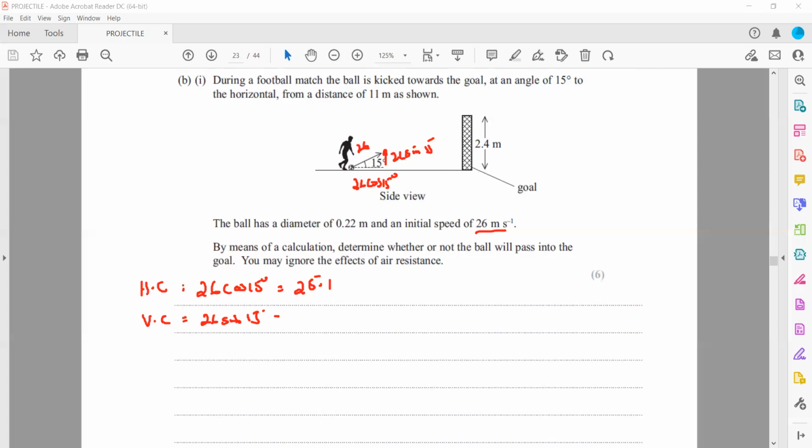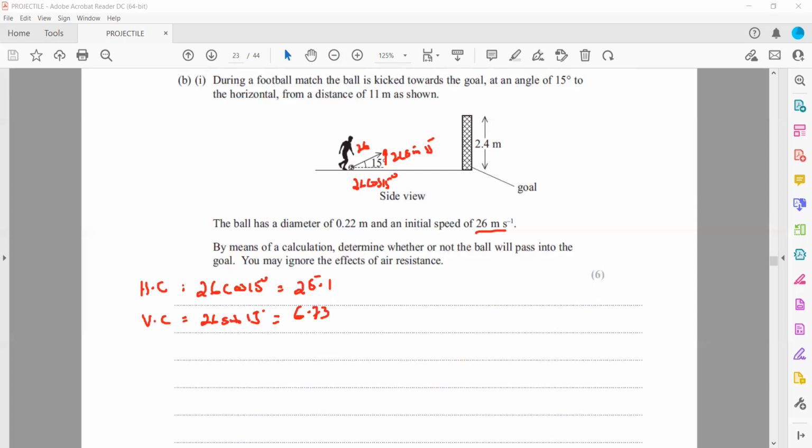What about the vertical component? 26 sine 15 is 6.73. And to just confirm, 26 cos 15 is 25.1. So we have both components.